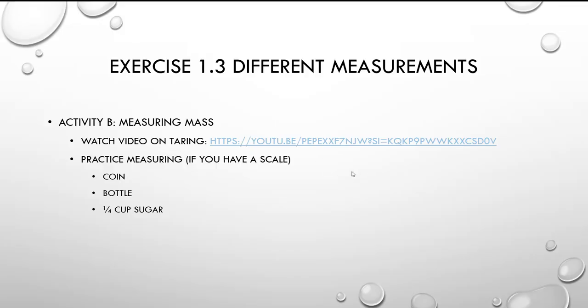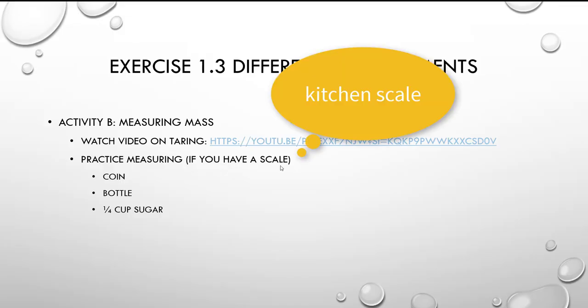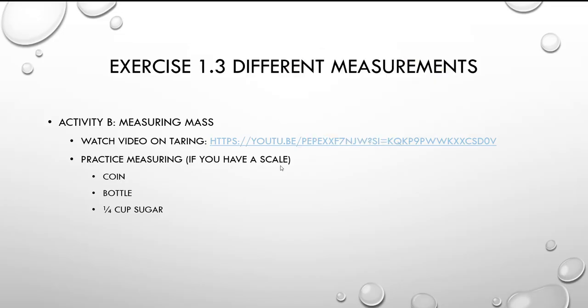Just watch that. If you have an electronic balance at home, which is basically a scale, like a kitchen scale, you can just whip that out and practice using it. I wouldn't use a scale that you use to weigh yourself, because those are not designed to measure something as minute as the weight of a coin.